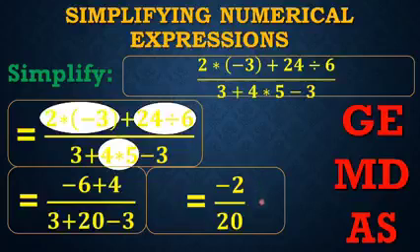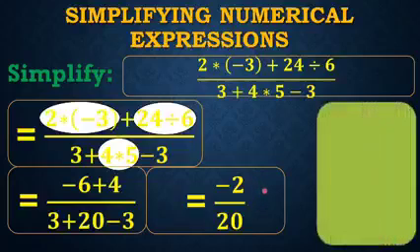Negative 1 divided by 10 is equal to negative 0.1. Negative 2 divided by 20 is also the same as negative 0.1. As a fraction, it is equivalent to negative 1 over 10. As a decimal, it is equal to negative 0.1.